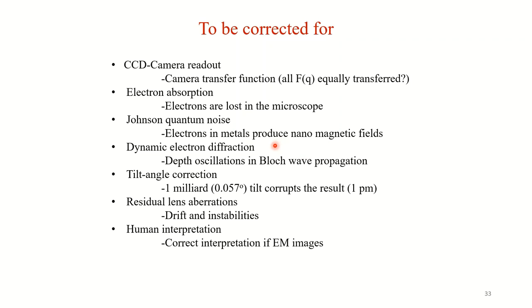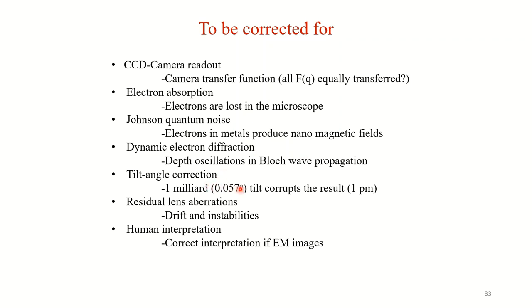And then you have dynamical electron diffraction. If you have a thick sample, basically thicker than 3 nanometers, then you have multiple scattering of electrons resulting in dynamic electron diffraction, and it can introduce some artifacts in your TEM image. And then you have tilt angle correction.